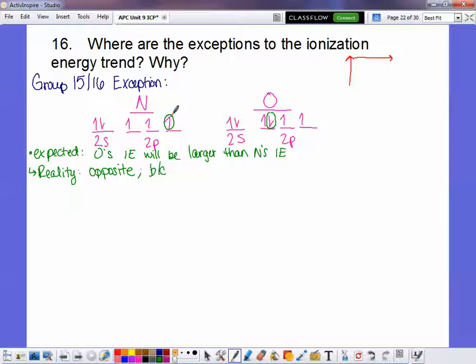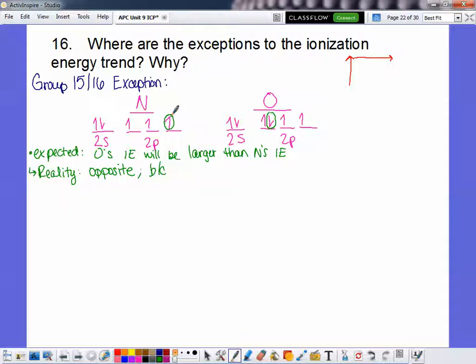In reality, that electron in oxygen is being repelled by that paired electron, so it's slightly easier to remove than the electron in nitrogen.